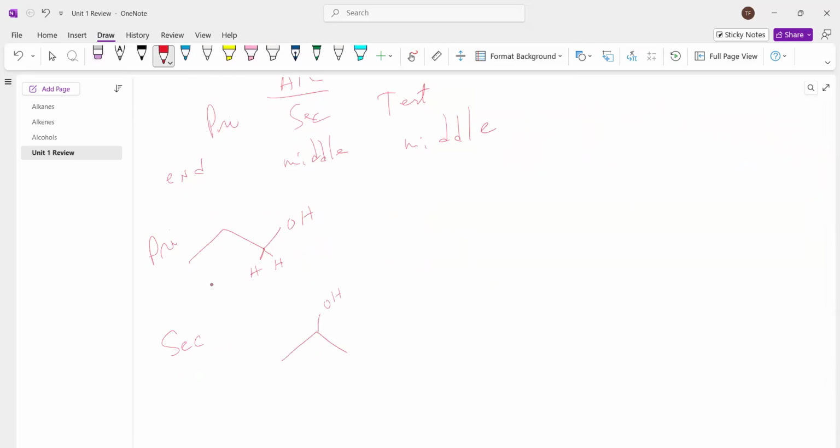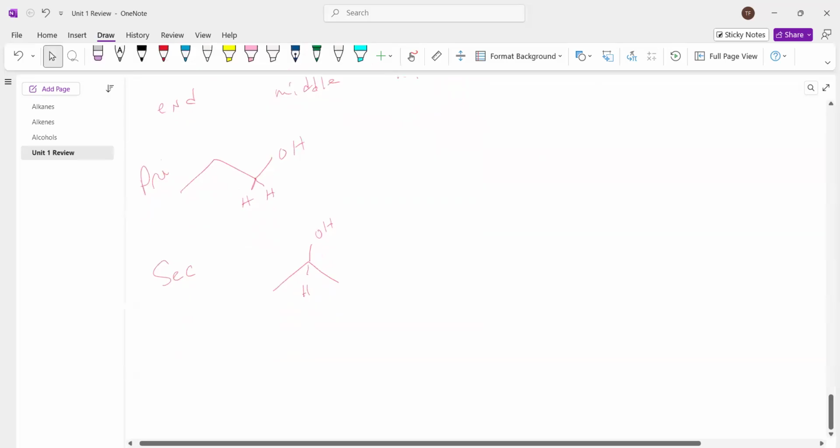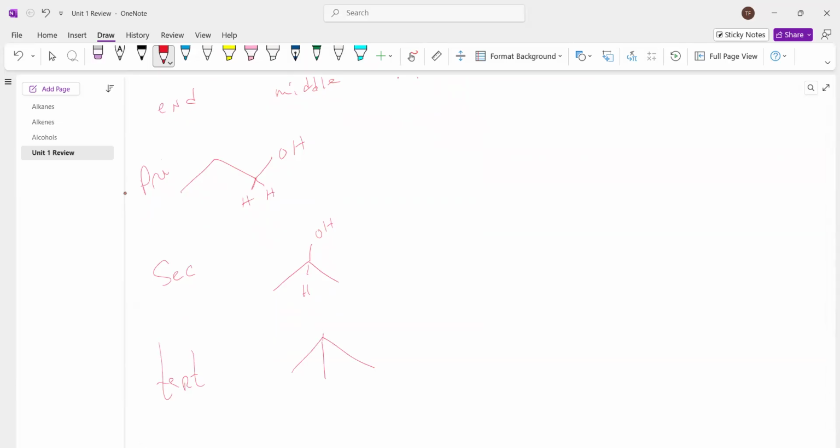If it's in the middle, there is one hydrogen. If it's tertiary, there are no hydrogens.